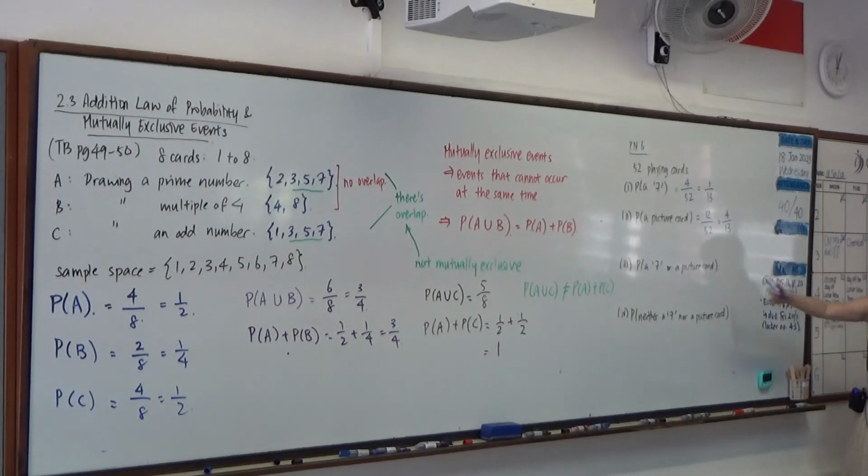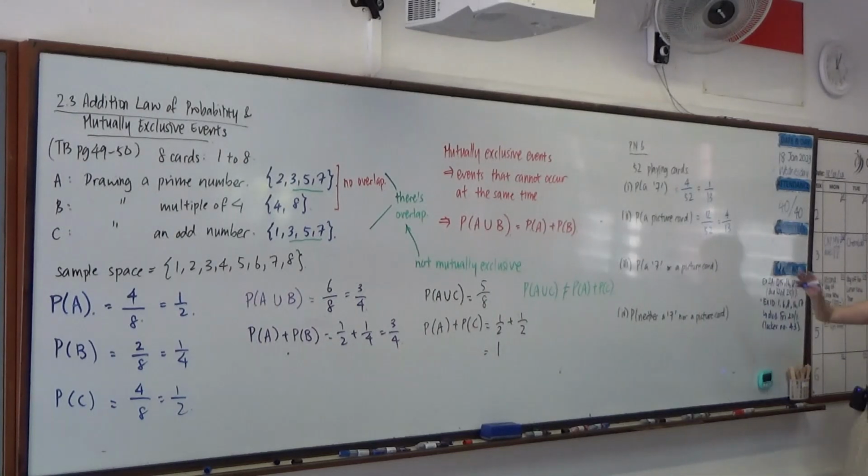So looking at part 3 now, we want to find the probability of drawing either a 7 or a picture card. So the card that you draw can either be a 7 or a picture card. Can 7 and picture card happen at the same time? Cannot, because 7 is a number, picture card is your Jack, Queen, King only.